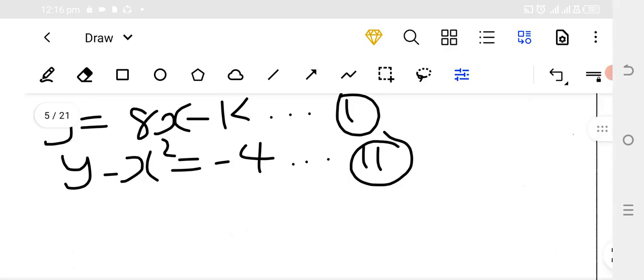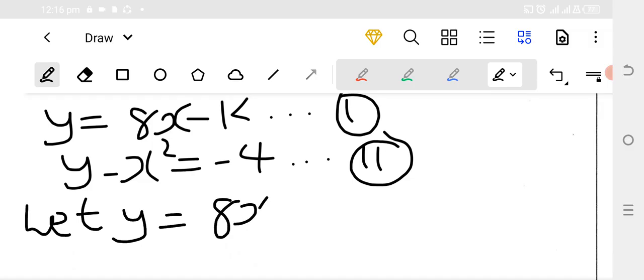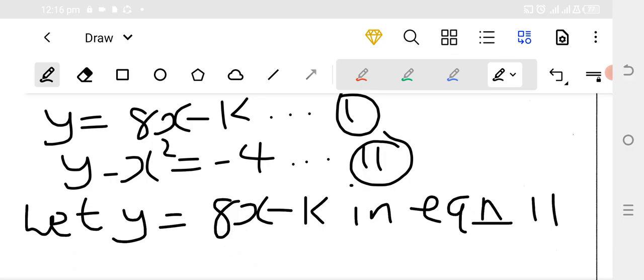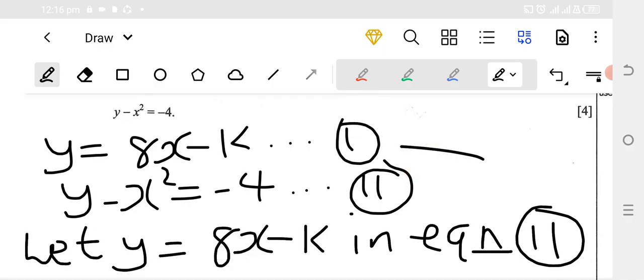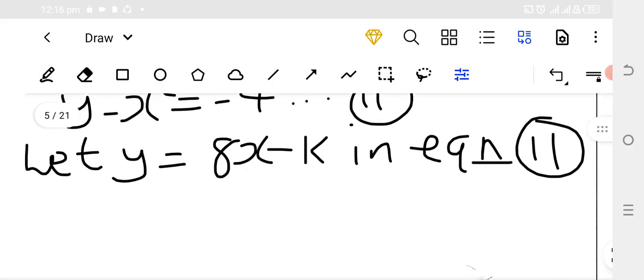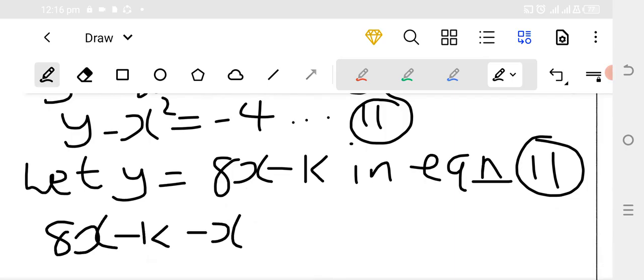Let y be equal to 8x minus k from equation 1 and substitute it in equation 2. So this would become 8x minus k minus x squared is equal to negative 4.